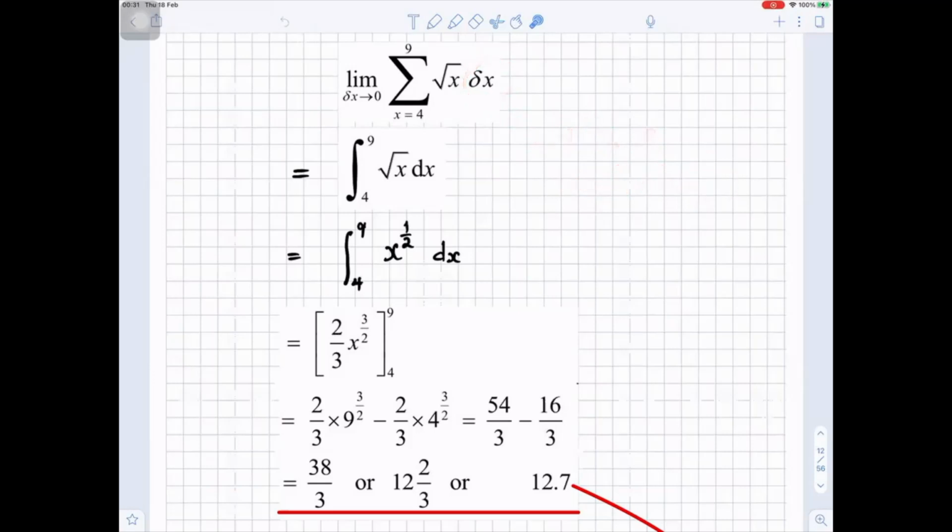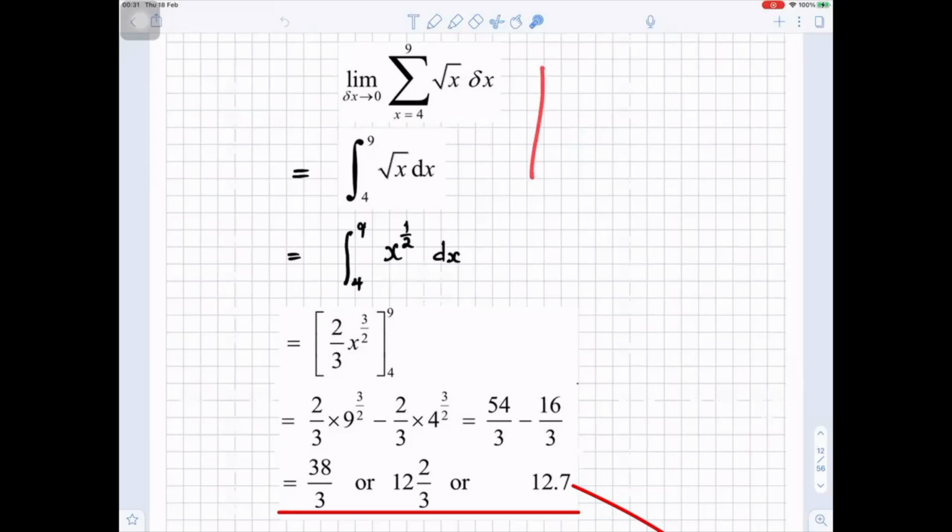And when these changes are very small, what you're doing is integrating. So when it is delta x, for small changes, you integrate. So it wants us to integrate from 4 up to 9 because the limit is delta x tends to 0.